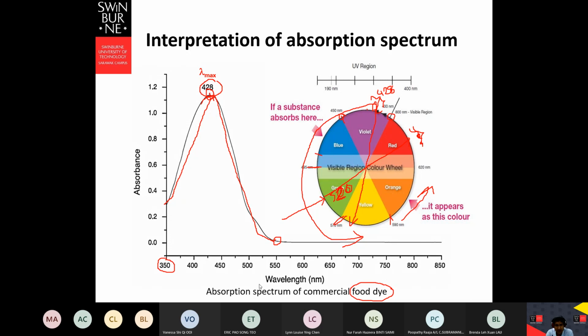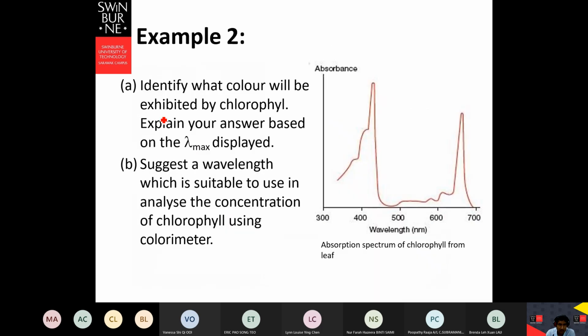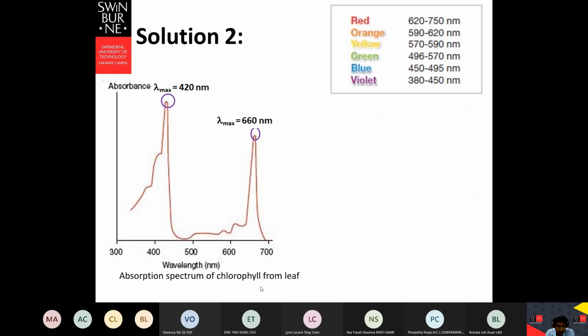Right. Now let's identify what color will be exhibited by chlorophyll. We all know chlorophyll is in the plant leaves. Explain your answer based on the lambda max displayed, and then suggest a wavelength which is suitable to use to analyze the concentration of chlorophyll using a colorimeter.